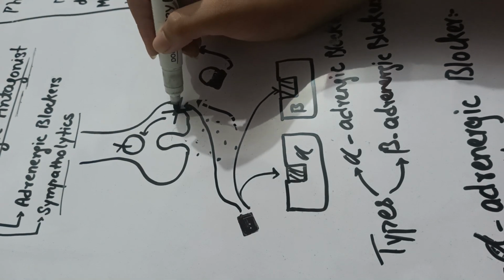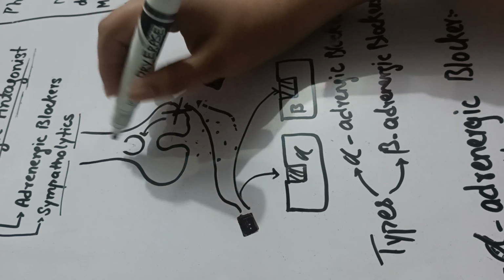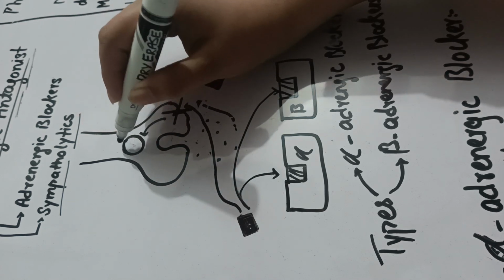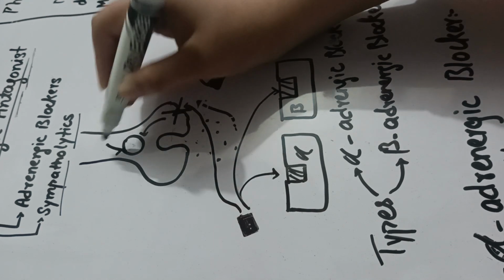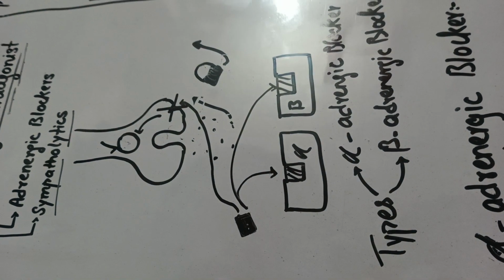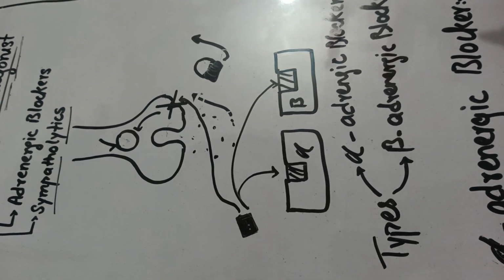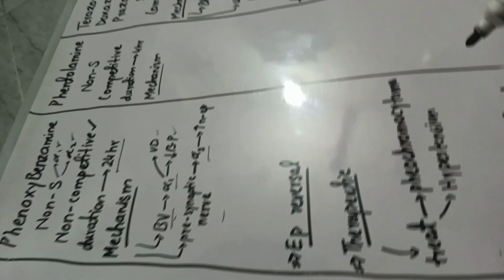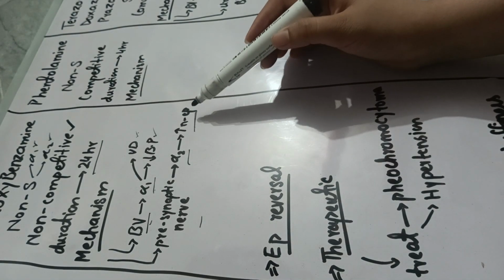Due to the blockage of this receptor, it cannot block the activity of the vesicle to bind with the membrane. So in result, the vesicle fuses with the membrane and releases the epinephrine. Therefore, due to the blockage of the alpha 2 receptor, our epinephrine will increase more and more.